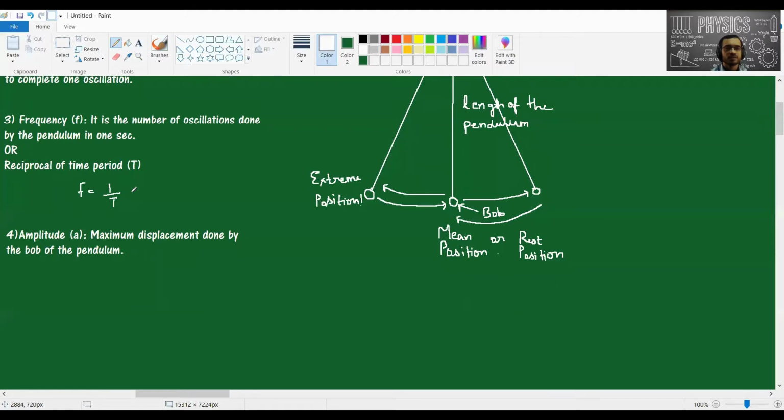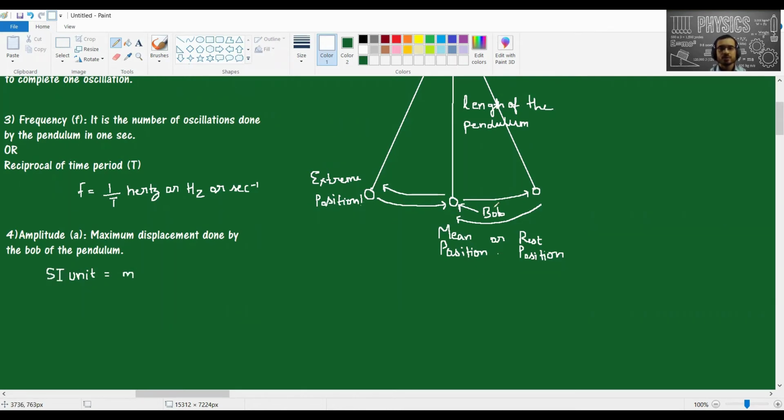Unit of frequency is hertz or second inverse. Similarly, amplitude is in meters because it's a displacement. So unit is meter.